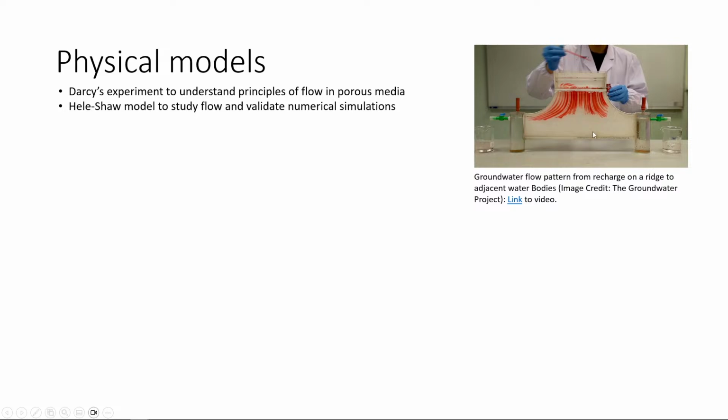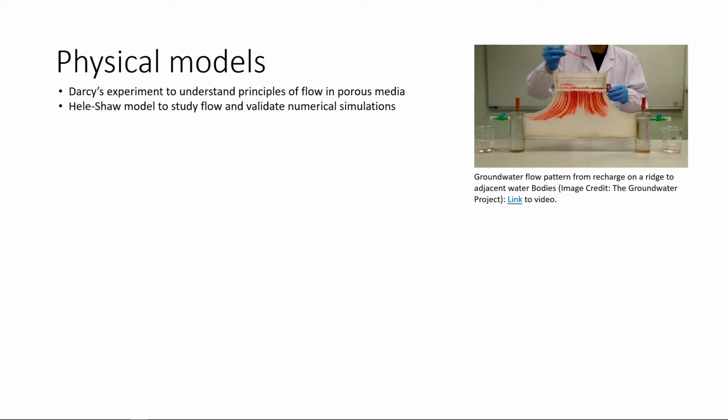And from a model like this, you can learn also about the laws of physics. So you see here, for example, the flow is mainly vertical here because you have high energy here and low energy here. So you see how water is flowing from high to low energy, but then starts to become horizontal here. So you see vertical flow and then horizontal flow, and then the water will flow to here.